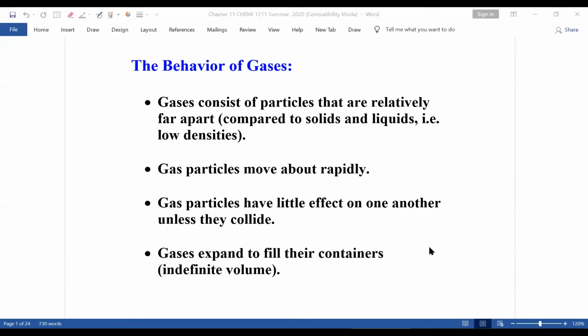Have all of you either played or seen someone play pool? You know, the balls on the table and they go like this, clink. And gas molecules do the same. And as you learn, gases fill their container, they have indefinite volume. And they also have indefinite shape.